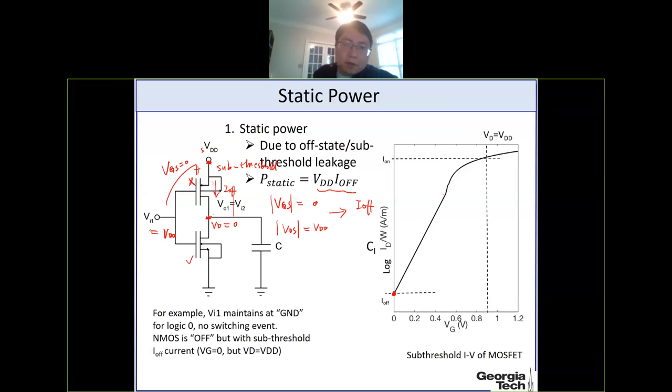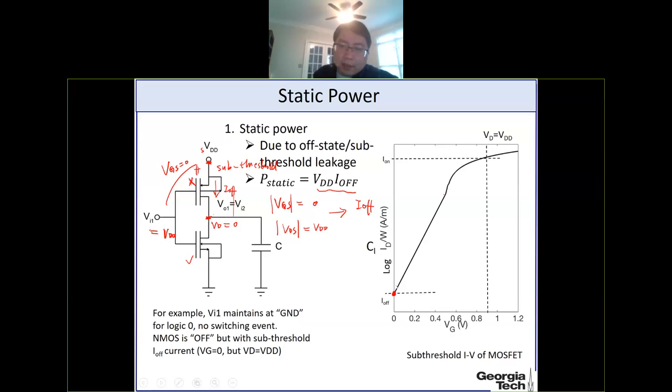However, if we consider the bias condition of this PMOS, you will see that the VGS is 0, but the VDS is VDD, because here the output is 0 and this node is VDD. So between the source and the drain, you have VDS, like VDD.